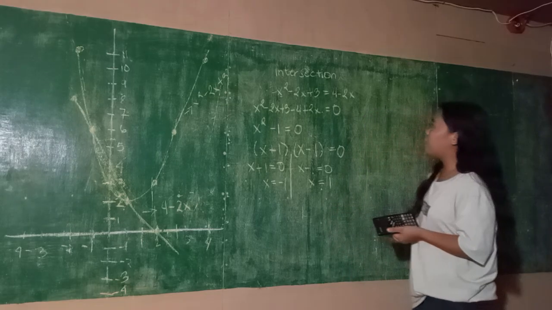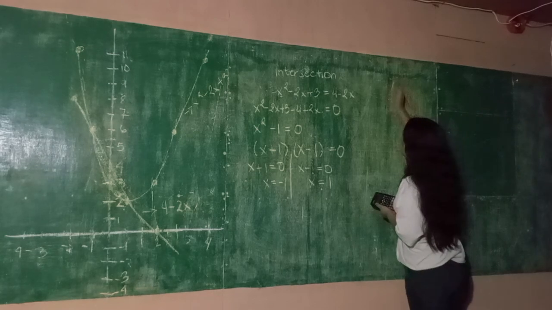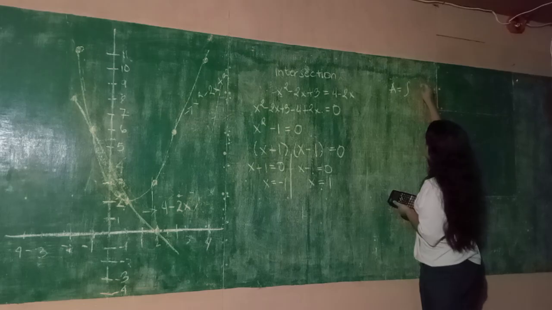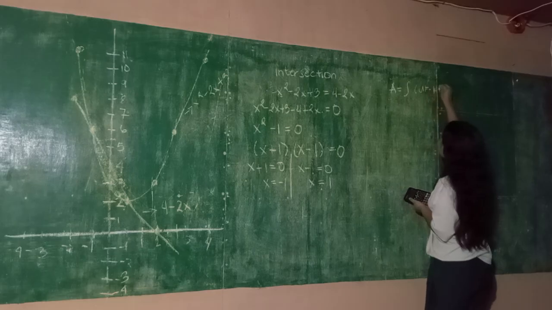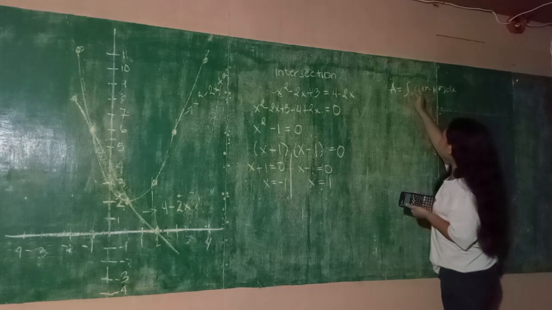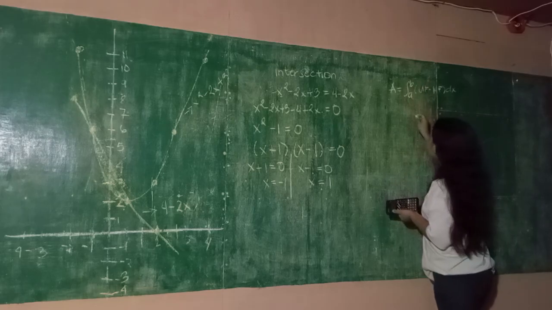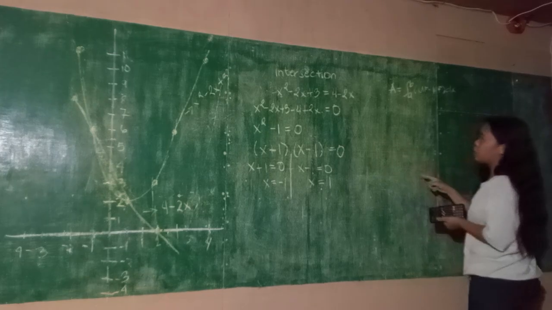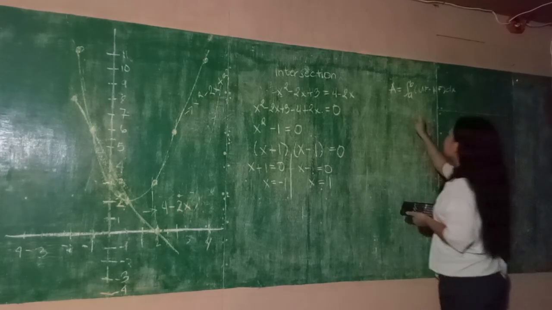And now, to solve for the area, we're going to use the formula a equal to integral of upper function minus the lower function dx integrated from a to b. And then we're going to substitute our upper and lower function together with the boundaries.